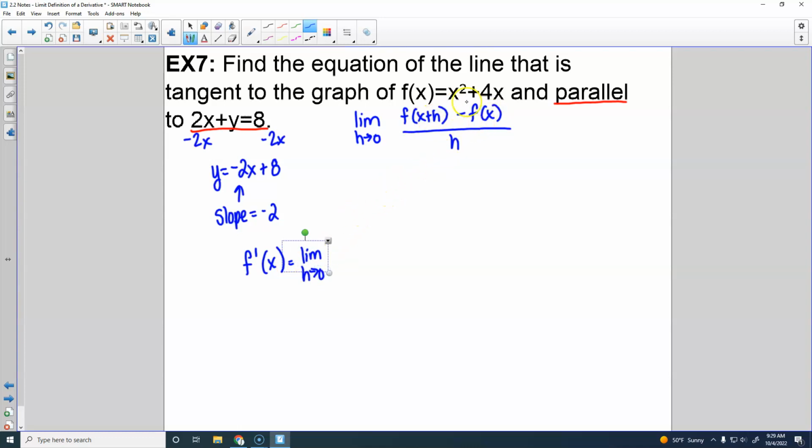And we'll have f of x plus h, so that will be (x plus h) squared plus 4 times (x plus h). Then I have to subtract f of x, so x squared plus 4x. Make sure you got parentheses around that because you're going to need to distribute that negative, all over h.